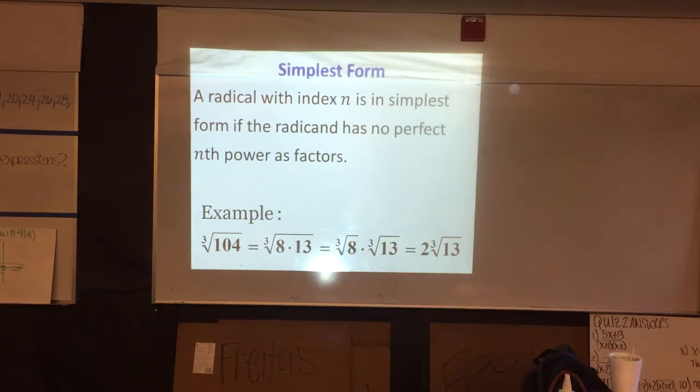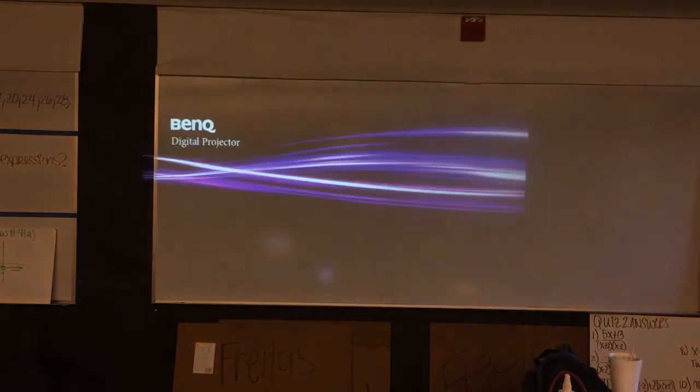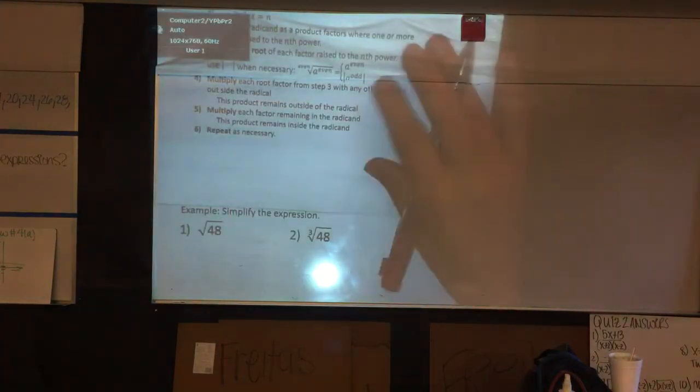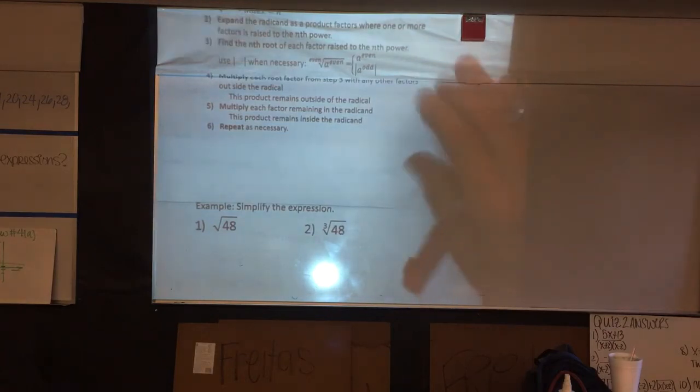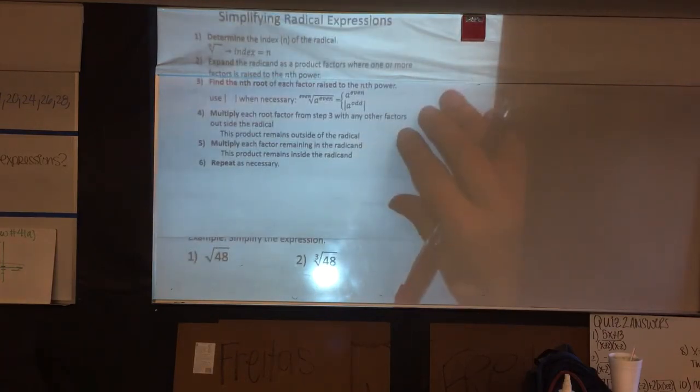Okay, I'm going to do the next example in your notes. So I put two problems side by side, square root of 48 and cube root of 48, and I have a process here that we use.